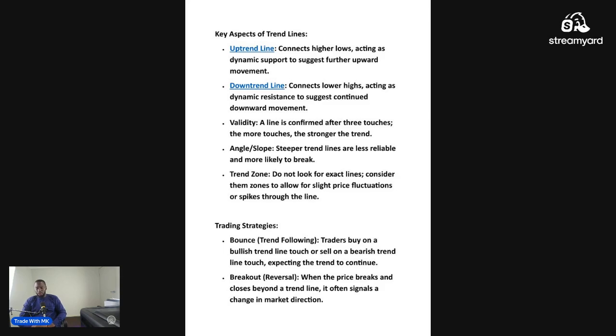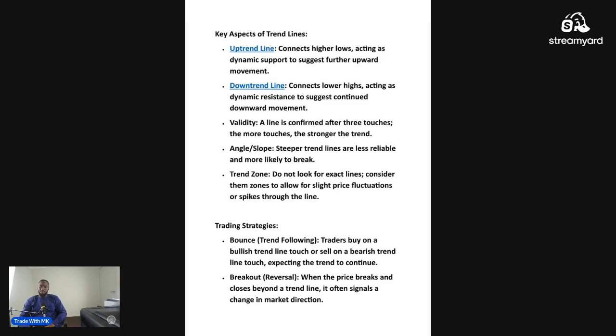The more touches, the stronger the trend. Angles: steeper trendlines are less reliable and more likely to break. Trend zone: do not look for exact lines. Consider them zones, to allow slight price fluctuations or spikes through the line.